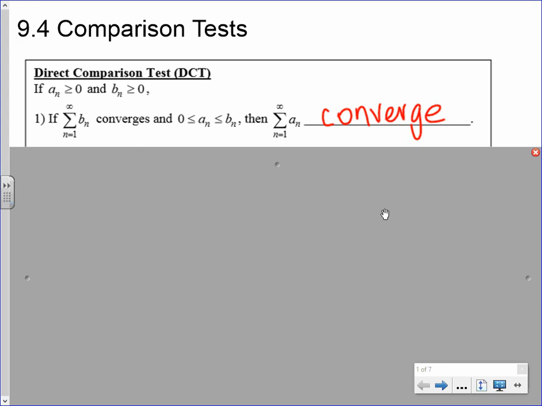So if you have a converging series and you know a sequence that fits under the one that you already have, then it is also going to converge. Does that make sense? Okay, visually, can you visualize it?